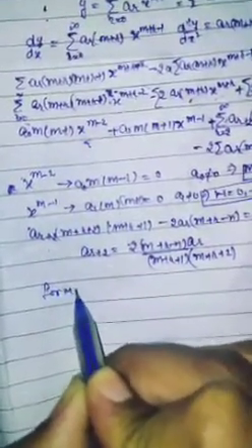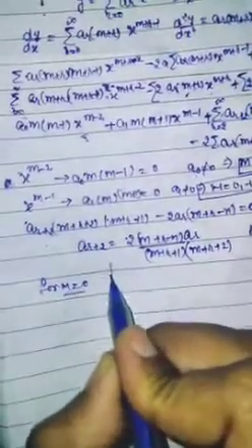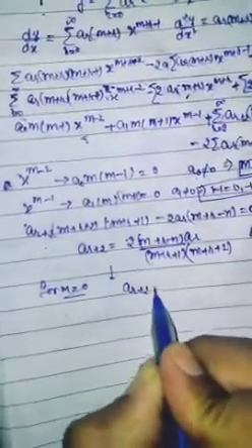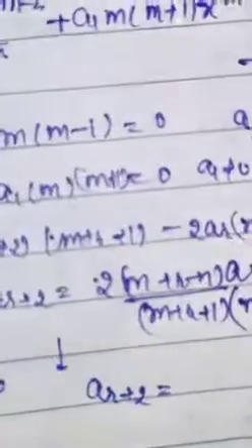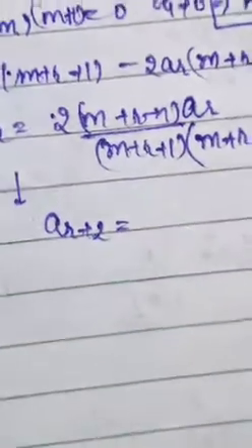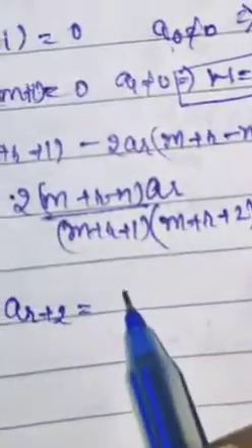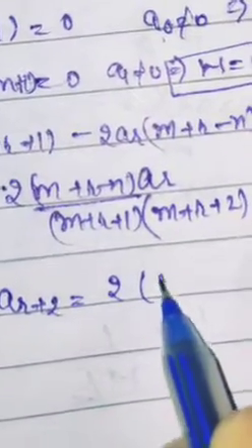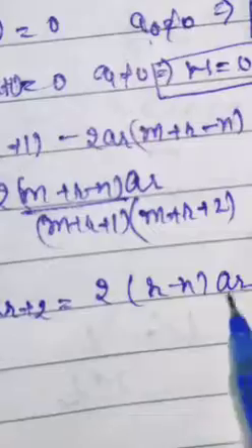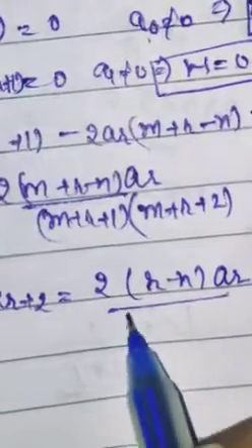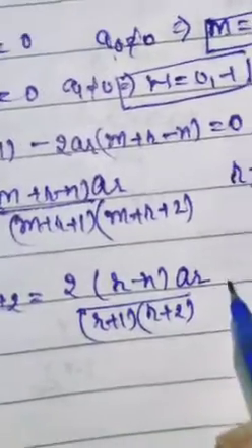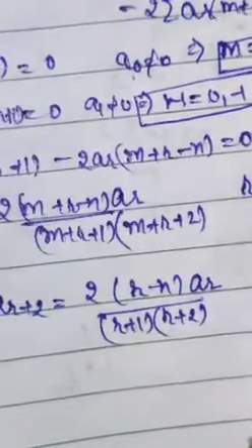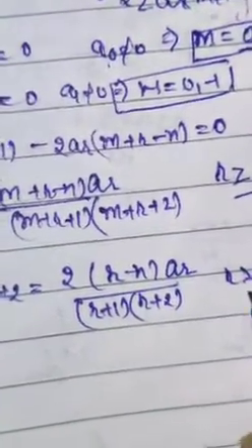So for m equal to 0, we get the result: a_{r+2} becomes (2r - n) a_r divided by (r+1)(r+2), for positive values of r.